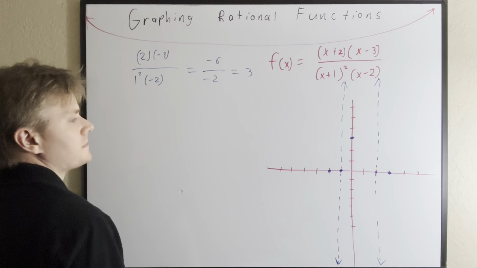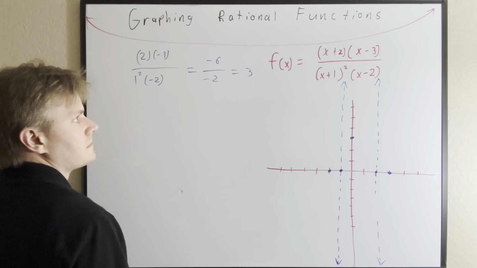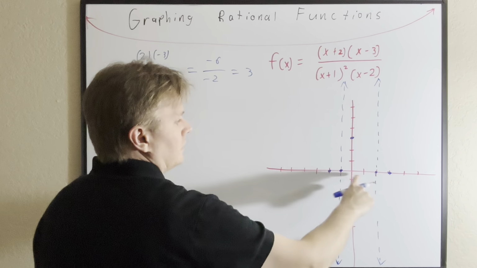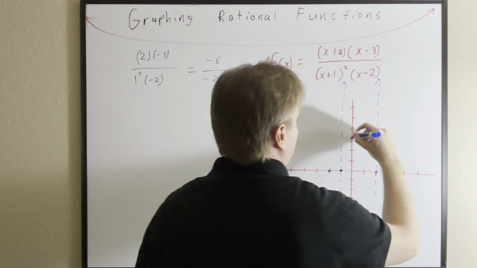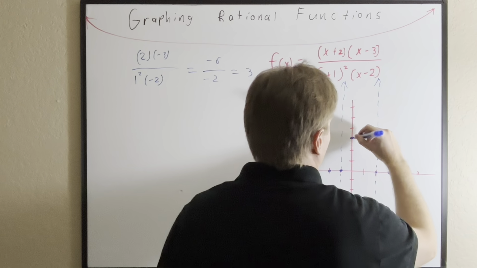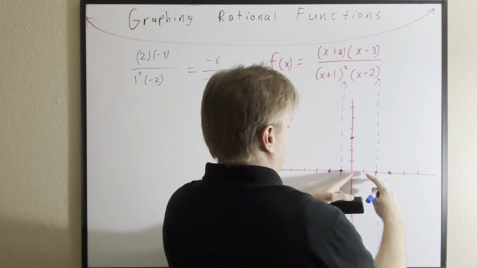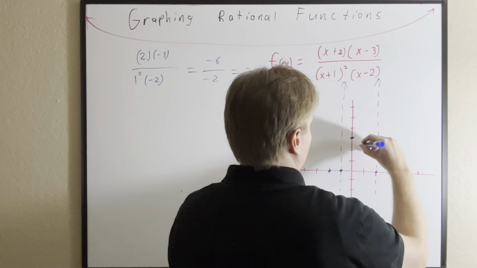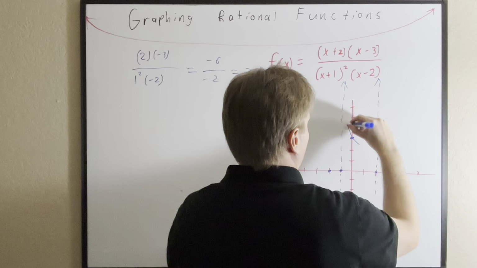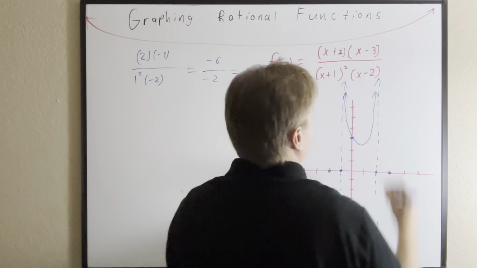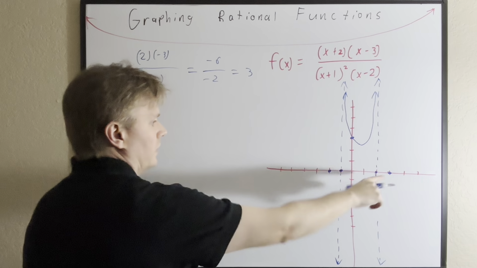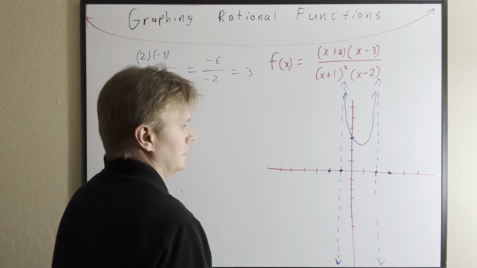Okay. Now, there's no x-intercept in between the asymptotes, so we can assume that this is some sort of parabola here in the middle that never crosses the x-axis.